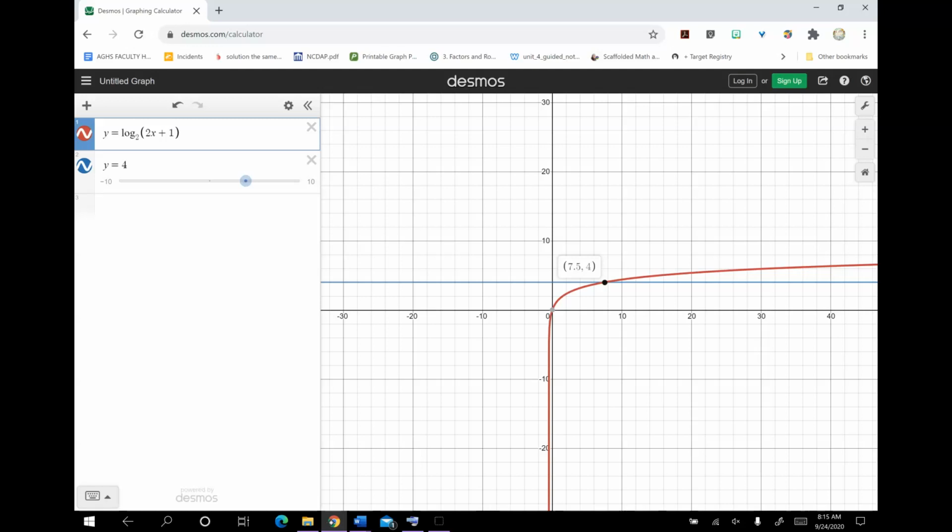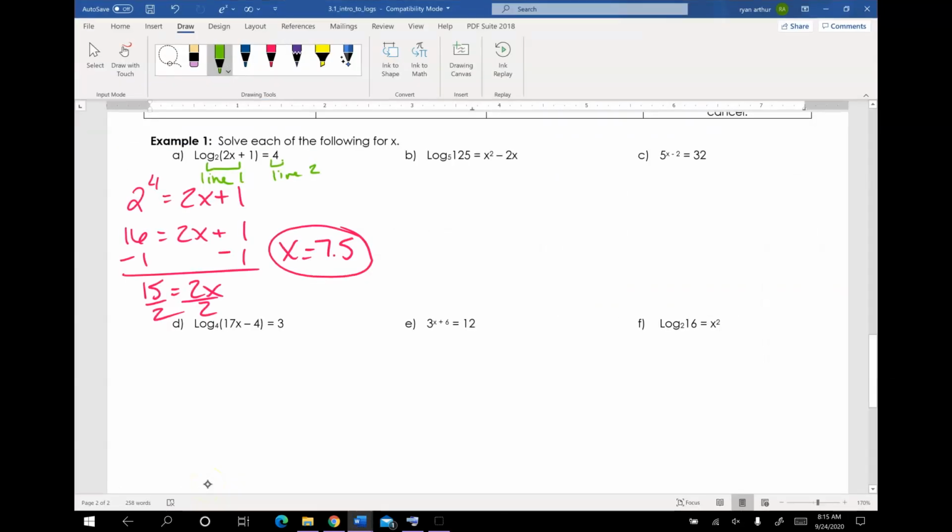If you don't believe me yet, let's do another one. Let's do this guy. He looks pretty intense over here in B. The left-hand side is line 1. Right-hand side is line 2. So let's go to Desmos, and let's graph these two and see what we get.